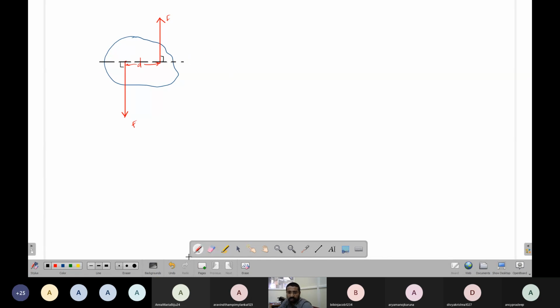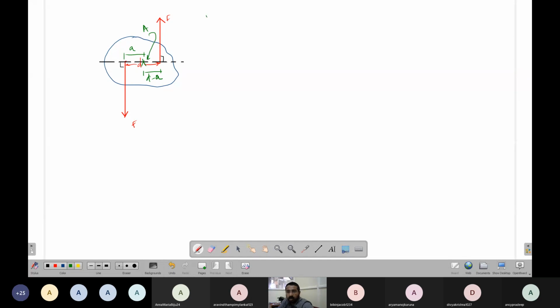For that, I will take some arbitrary point on this line. This point is at distance A from this force, and this will be D minus A from the other force. I'll call this point capital A.